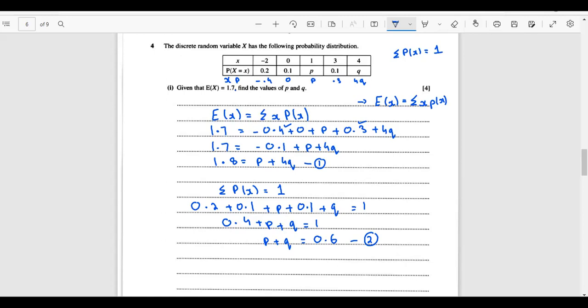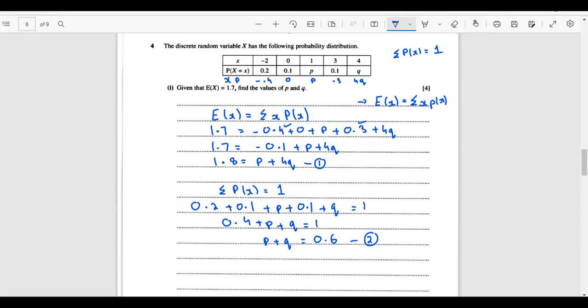Q is 0.4. And P is 0.2. Excellent. Okay, the Q is right. Can you please tell me the value for P? I want Ishal to answer this.